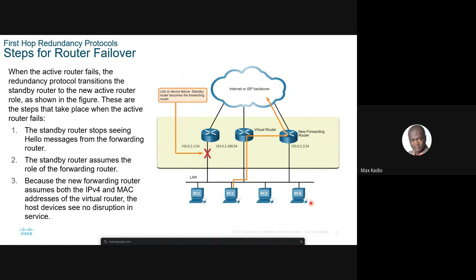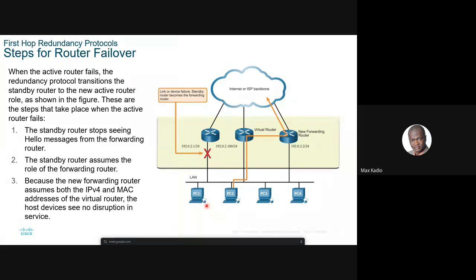So if R1 fails and I want R2 to take over, I need to go back on each PC, remove the default gateway for R1 and put the default gateway of R2 on all these PCs for them to start working. It's not automatic. We need to wait maybe 1 hour for all IT guys to come and change. It's a waste of time.